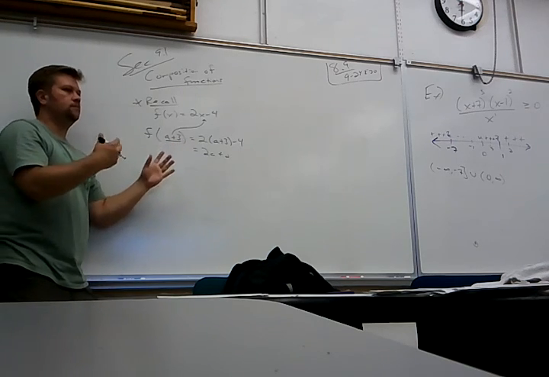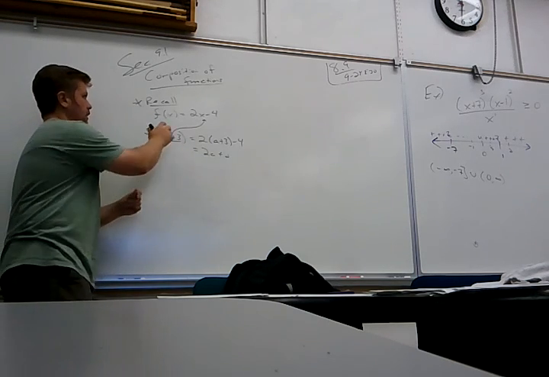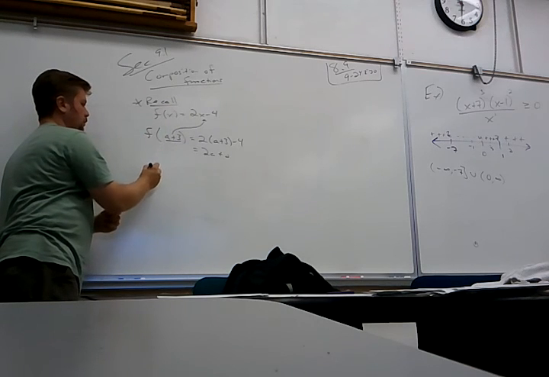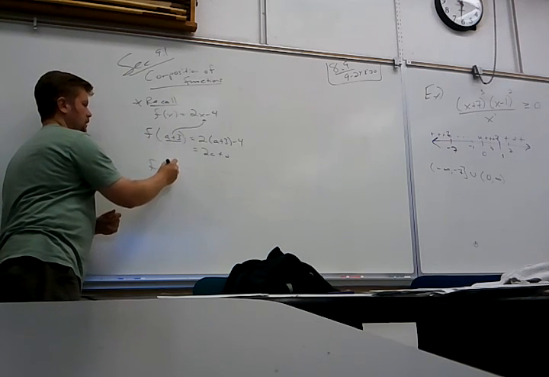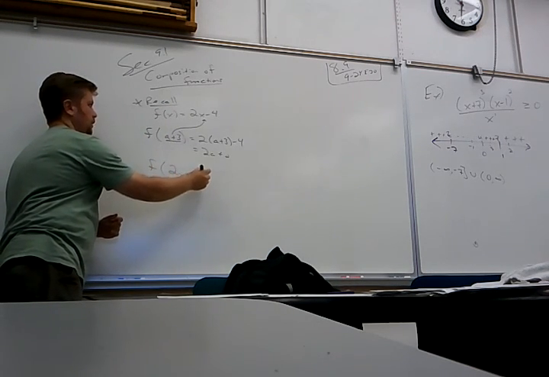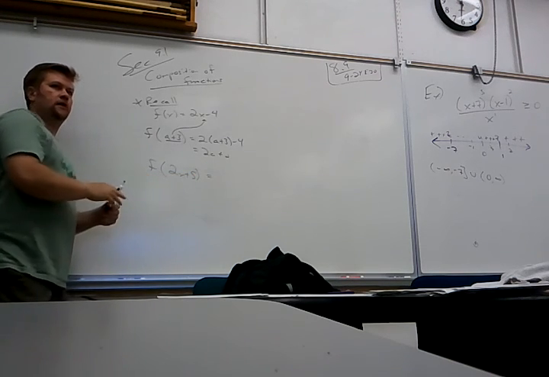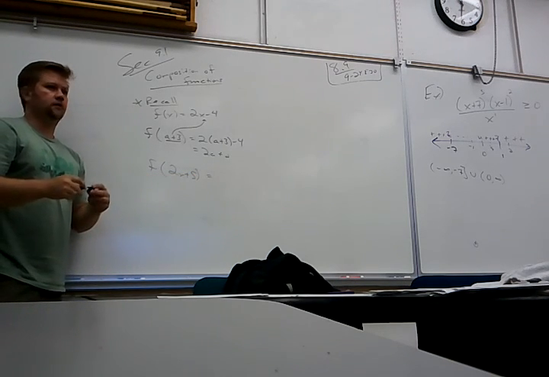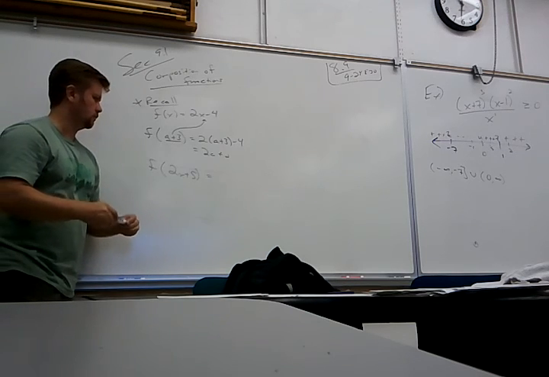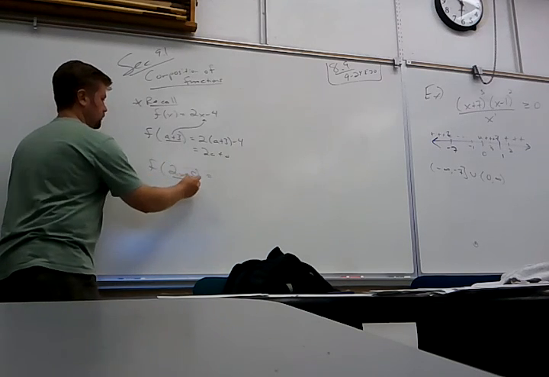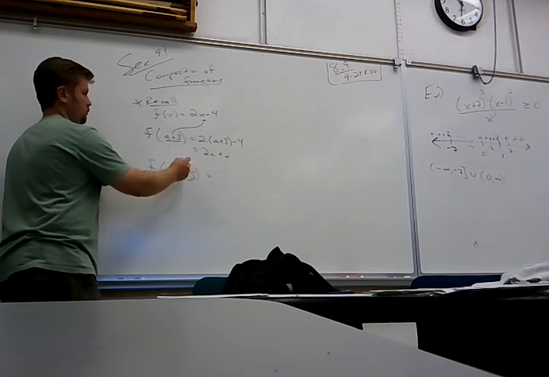So the only thing this section says is, let me actually, before I get to the full new stuff, what would f of 2x plus 5 be? Let me see if you guys don't get too turned around with this. You do exactly what you just did. What do you do with 2x plus 5? You plug it in there, right?